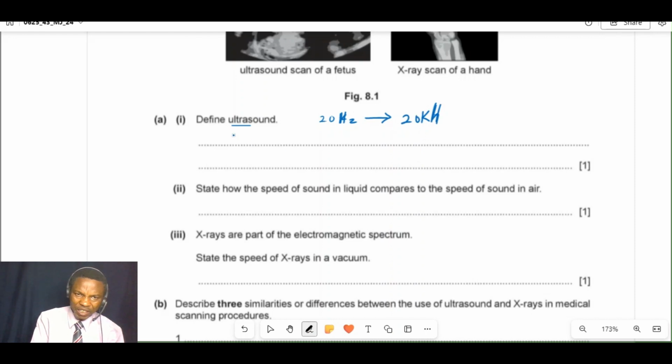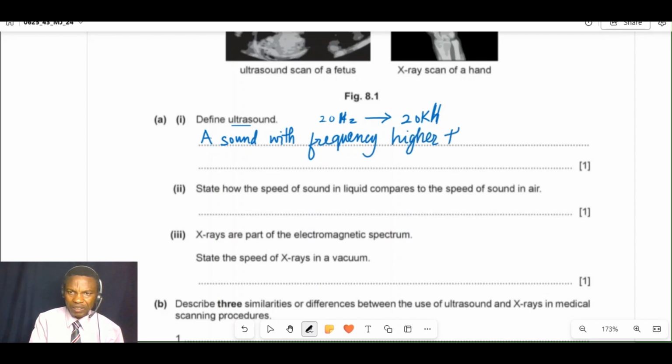But a sound with frequency beyond 20 kilohertz is referred to as ultrasound. A sound with frequency higher than 20 kilohertz is called ultrasound.